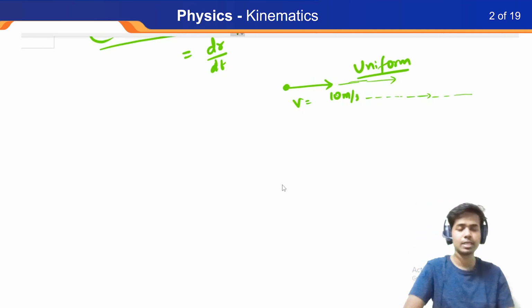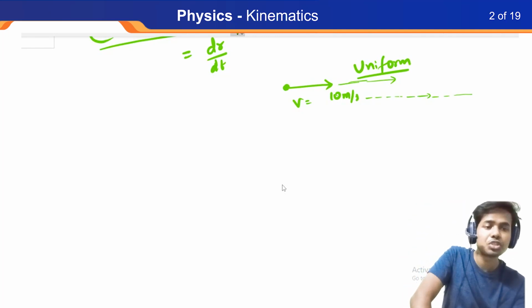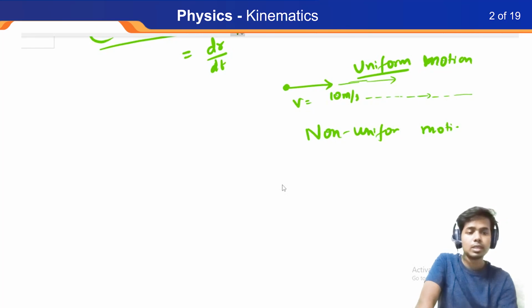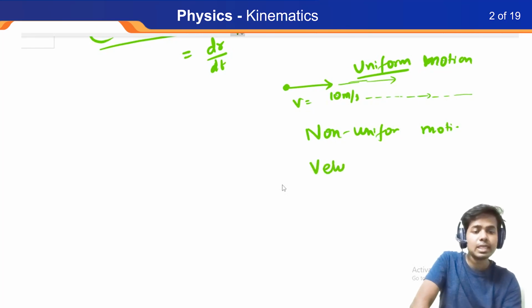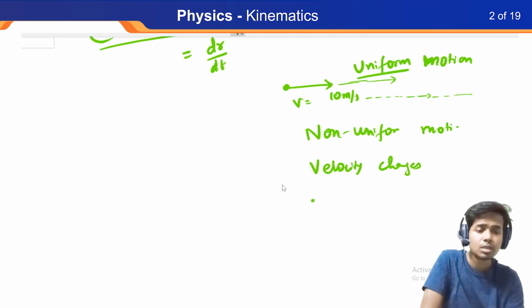For example, in this case, there can be other velocities as well. So that type of motion is called uniform motion. And what about non-uniform motion? Exactly opposite of this. When the velocity varies, changes, there can be two different types of changes.